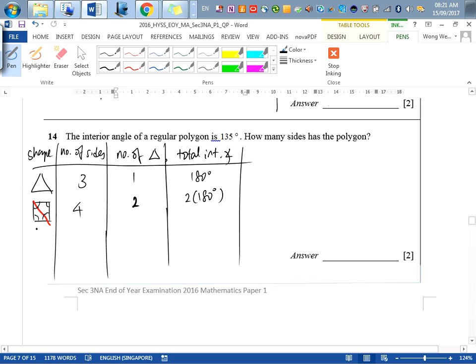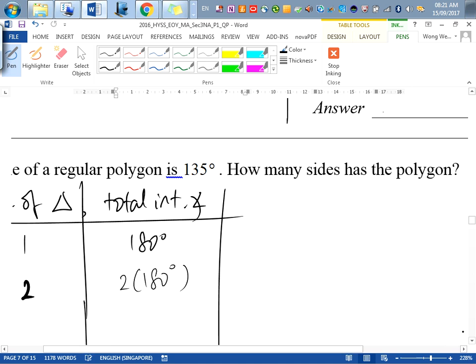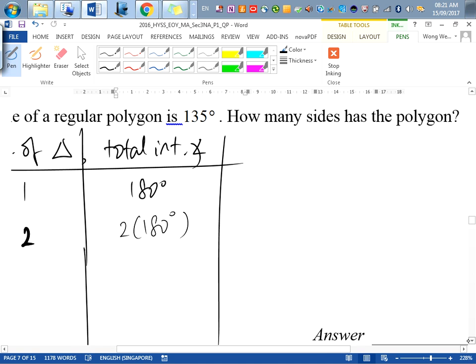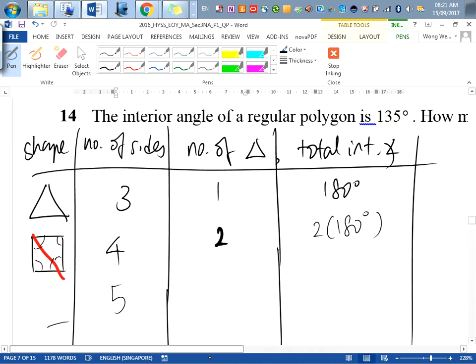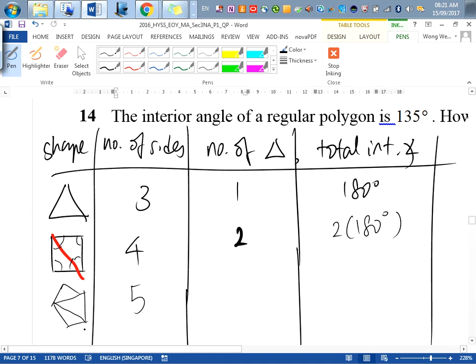Okay, what about a 5-sided figure? A 5-sided figure. How many triangles can I divide this into? Can I divide like that? Let me zoom in. Okay, 5-sided figure, I divided this into 3 triangles.